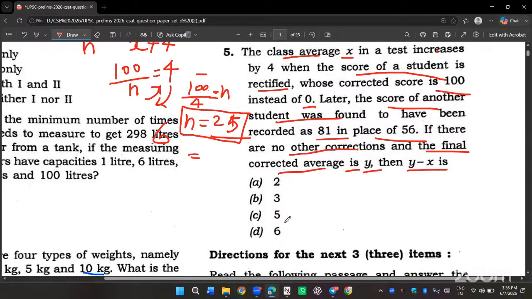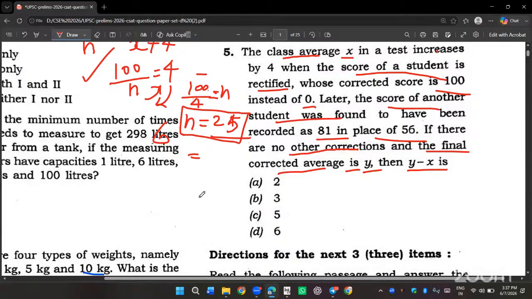This is the question. I have corrected one student's mark. I have corrected another student's mark. After that, out of 25 students, we have not made any correction. So what will be the average after these corrections? Okay.